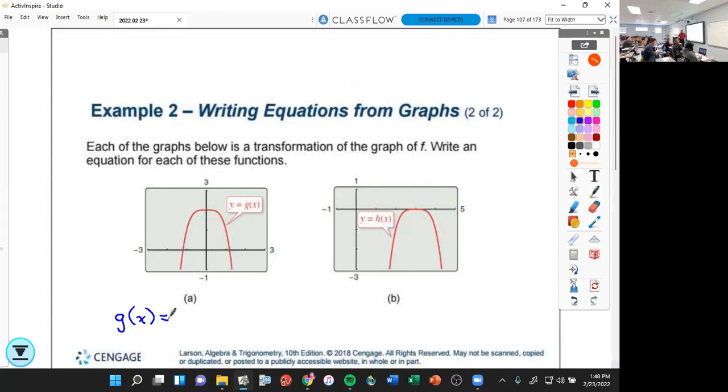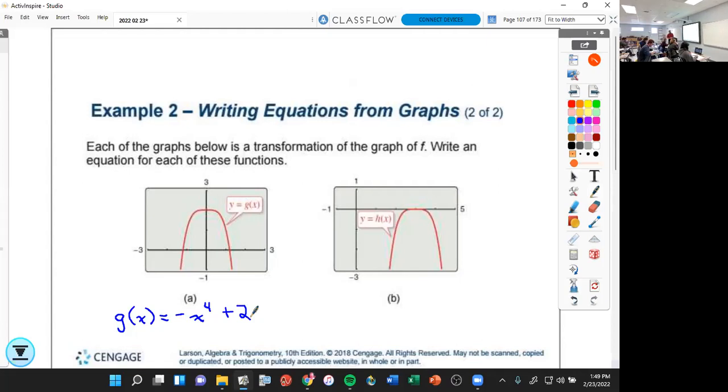Okay, you see a reflection, so it's opening down. Negative x to the 4th. Okay, is that it? Why? Perfect. So I don't care what the function is. And here in a little bit, we're actually going to see a graph of a function we don't even have an equation of. We can still do transformations on that graph.